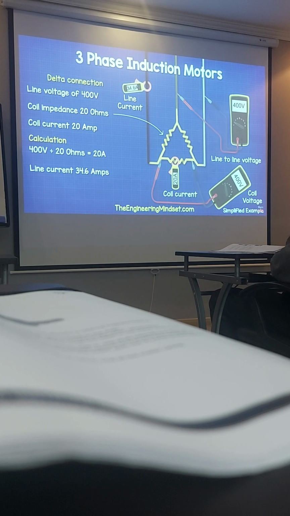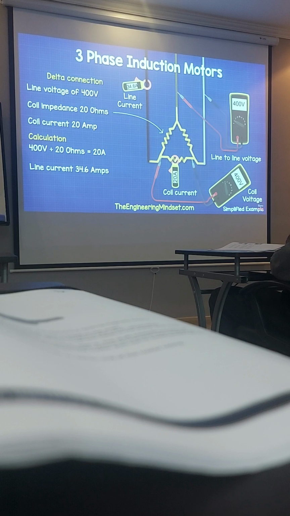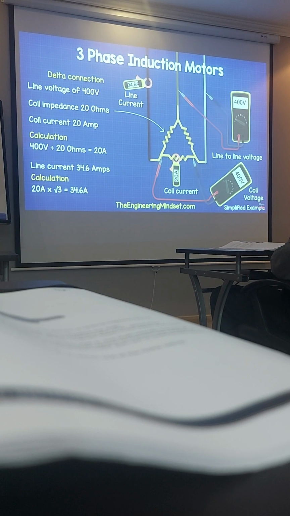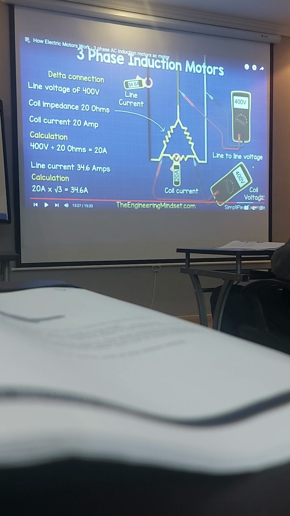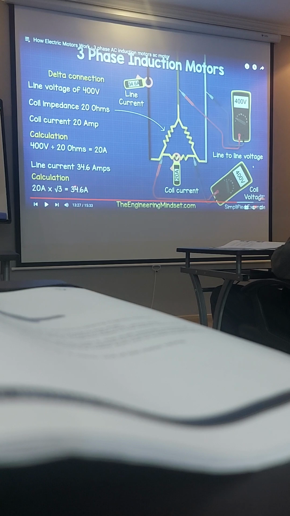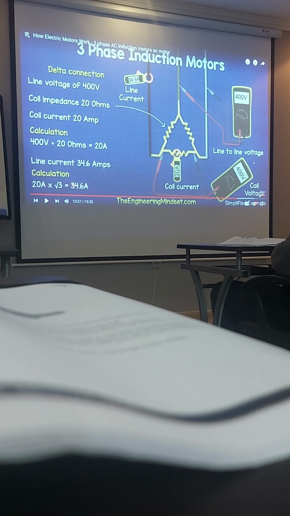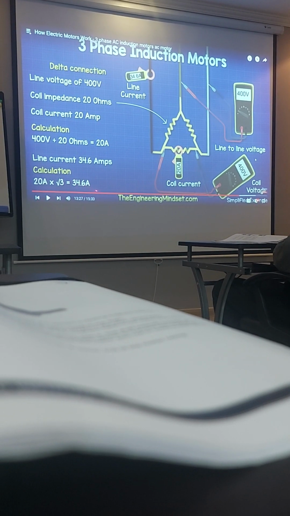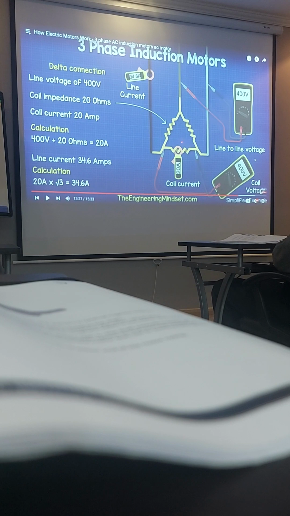It will be 34.6 amps. We get that from 20 amps multiplied by the square root of 3, which is 34.6 amps. So the starting current will be around 34.6 amps in delta connection. So we'll see what is the starting current in star.